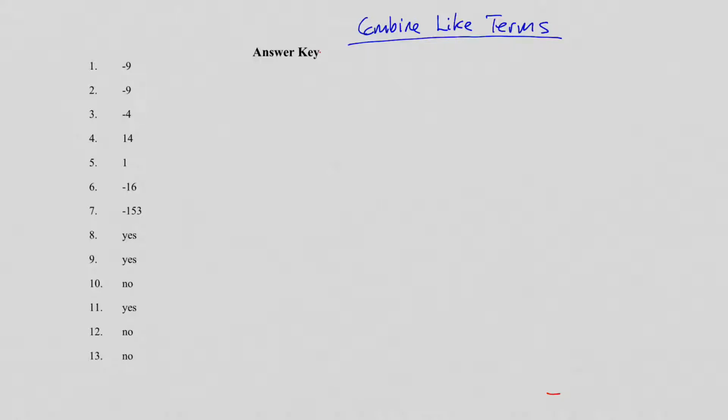And so there are two requirements for having like terms, and that's going to be the same variable and the same exponent. Okay. So a couple of examples to remind you what that means.